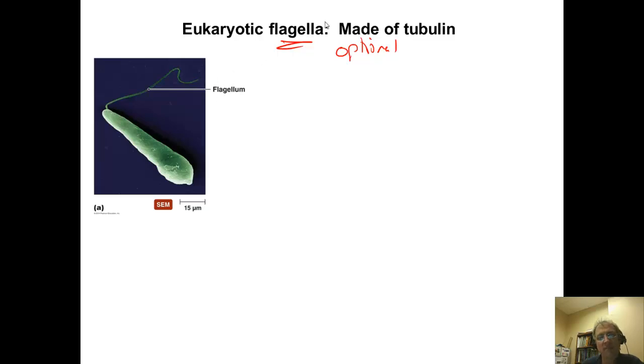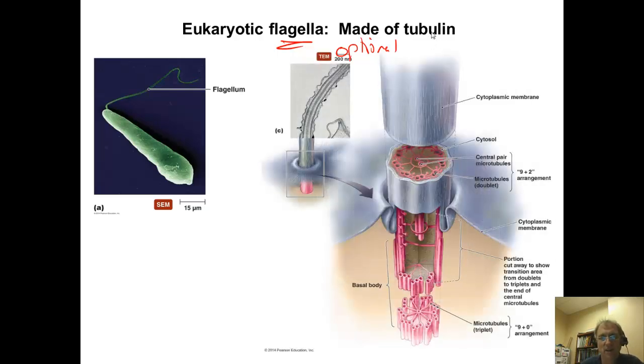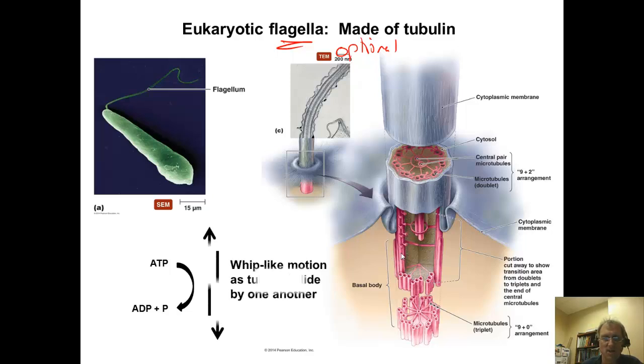Eukaryotic flagella are not made out of flagellin at all. They're made up of this protein called tubulin, but they also have ATP activity. We can see this illustrated a little bit more closely in here. These bundles of tubules right here are the bundles of tubulin, and what ATP is going to do is cause these tubules to slide back and forth against one another.